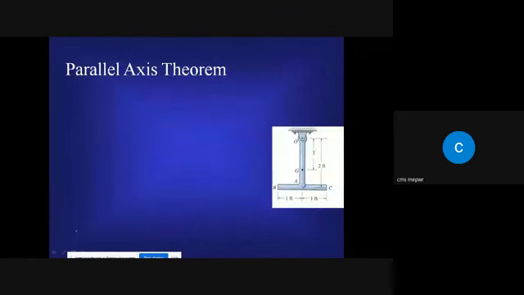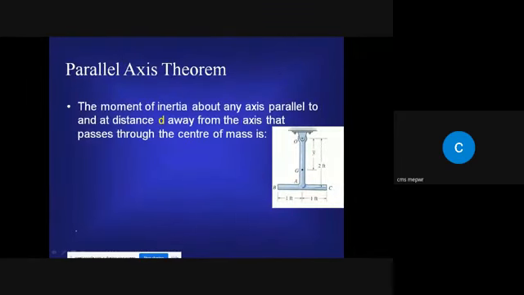Okay, parallel axis theorem, what does it say? The moment of inertia about any axis parallel, at a distance d away from the axis that passes through the center of mass. For example, if you already know the moment of inertia about any given axis, and you want to find the moment of inertia about some other axis, that other axis should be parallel.